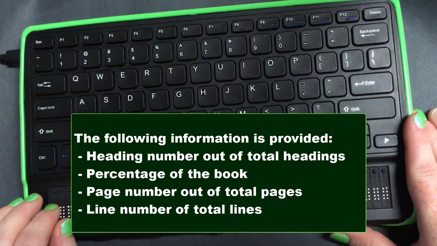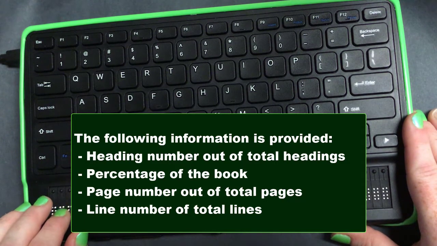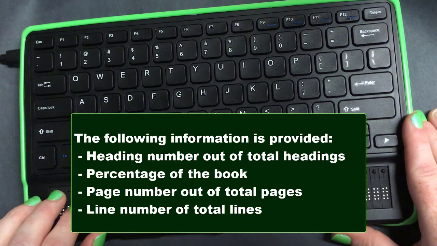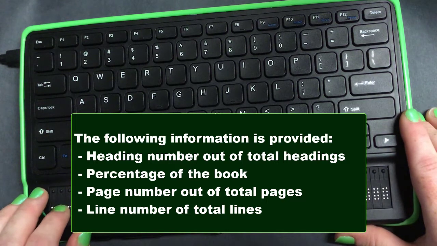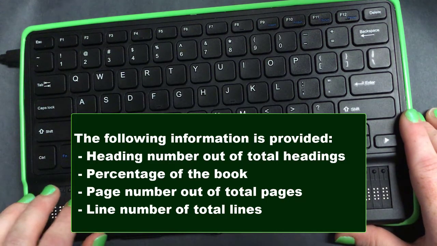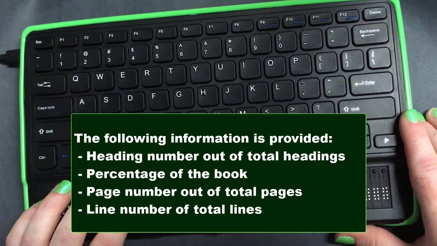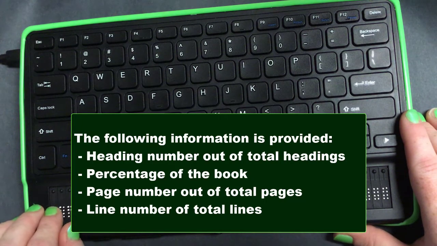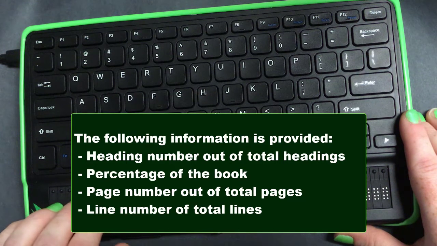Okay, good to know. So I hit the next thumb key. The next thing it's going to tell me is what percentage I'm at. So I'm at about 12%. When I press my next thumb key, it's going to tell me what page I'm on.